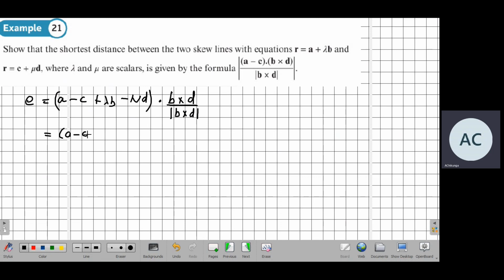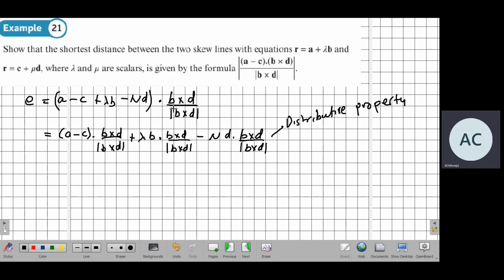You're going to have A minus C dot B cross D over the magnitude of B cross D, plus lambda B dot B cross D over the magnitude of B cross D, minus mu D dot B cross D over the magnitude of B cross D. So this is what we call the distributive property.